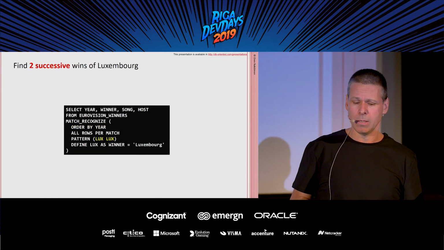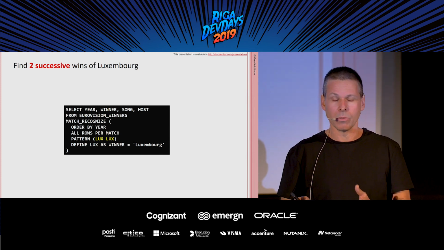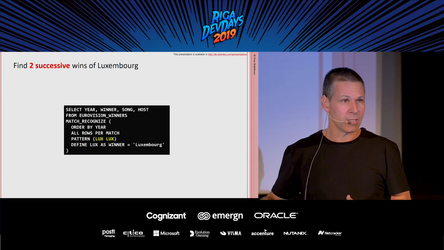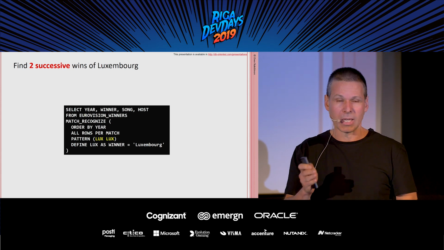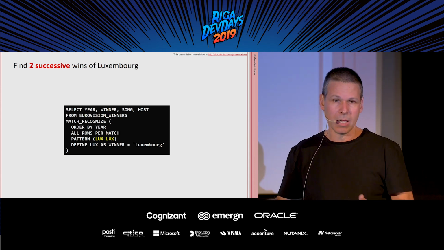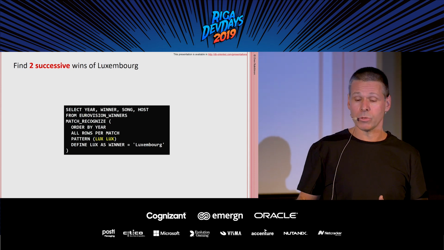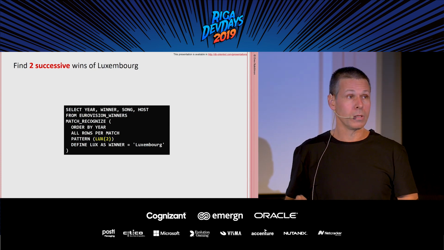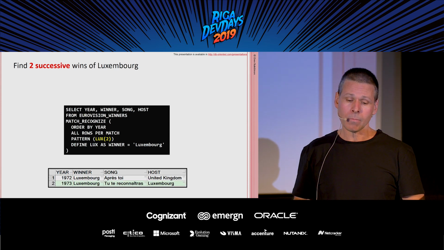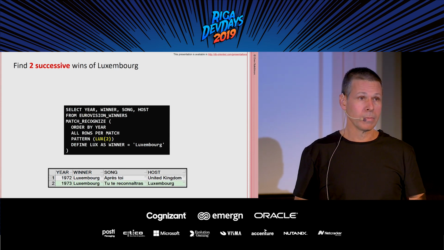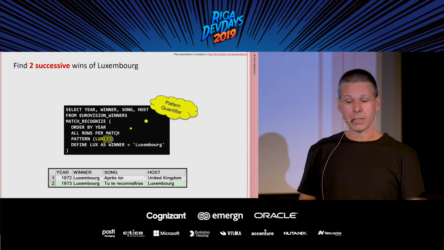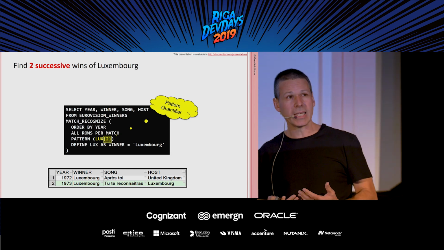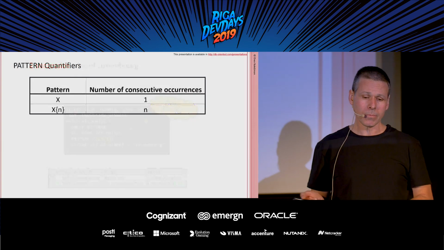What if we wanted 3 successive wins or 17 successive wins? Repeating, concatenating the same pattern is not very nice, so we have a shortcut. Instead of Lux Lux, we can write Lux and 2 in curly brackets, and we'll get the same result. And this is called pattern quantifier. And there are many types of quantifiers.